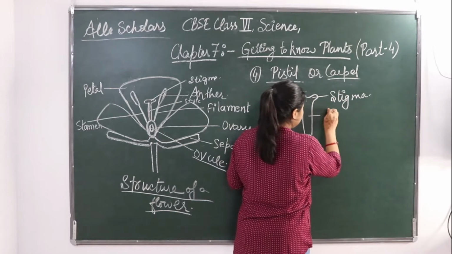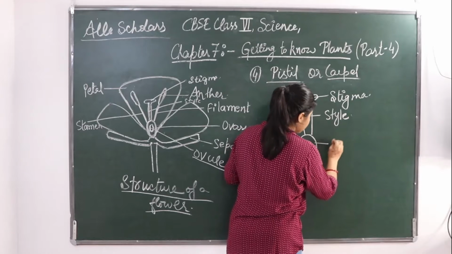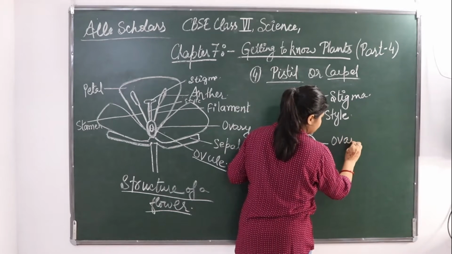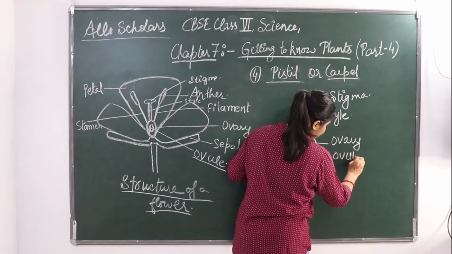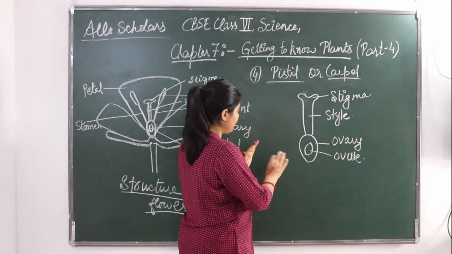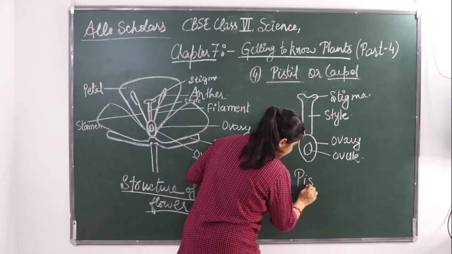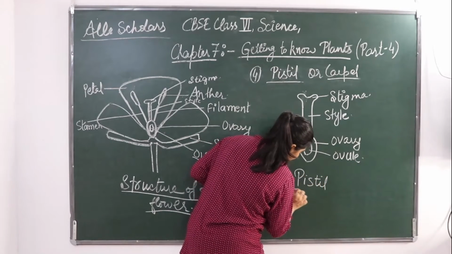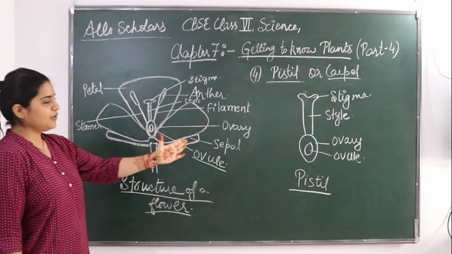Okay, the middle long one is a style. This is a ovary. This ovary contains a ovule in it. Okay, I hope here it will be very clear to you. This is a pistil. Okay, so stigma, style, ovary, ovule.